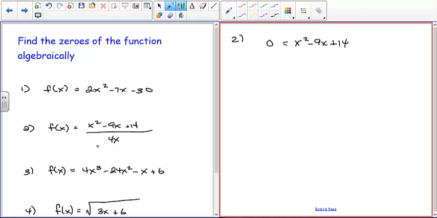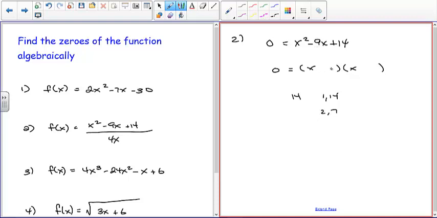The denominator has an impact on things called vertical asymptotes. So again, this is one we can probably do by observation. You look at the factors of 14, which are 1 and 14, 2 and 7, and that's it. And you'll say, oh, 2 plus 7 equals 9.